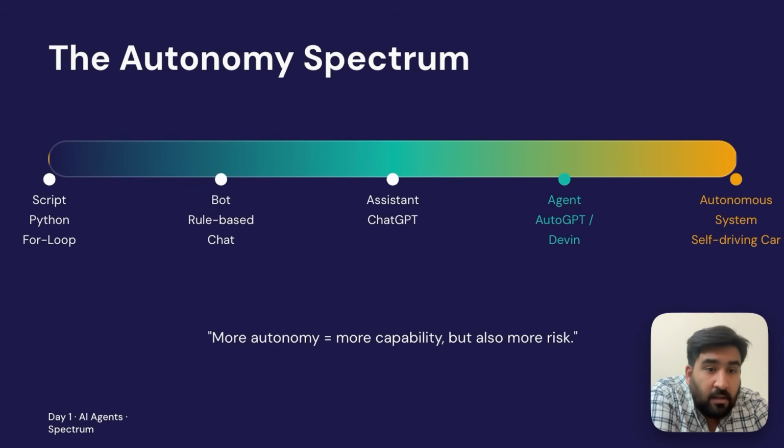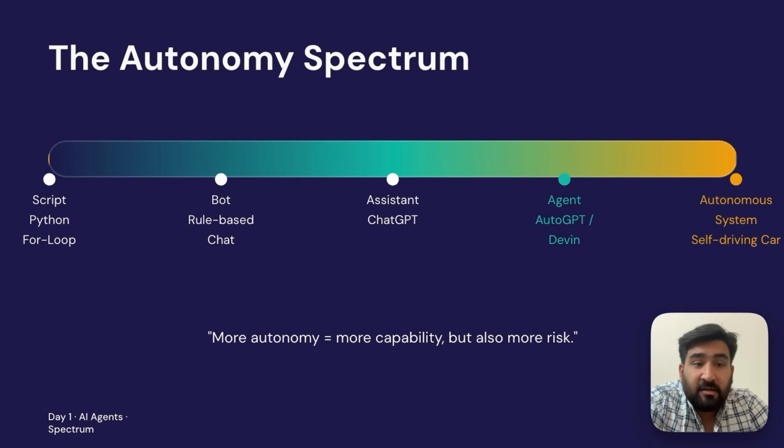Okay, move a little towards the right. You get a bot, a rule-based chatbot, like the old-school kind of chatbots we had maybe 10 years ago. A little smarter than a script, but still rigid, because at the end it is a program of if, else, while and whatnot. All programming fundamentals, the script.